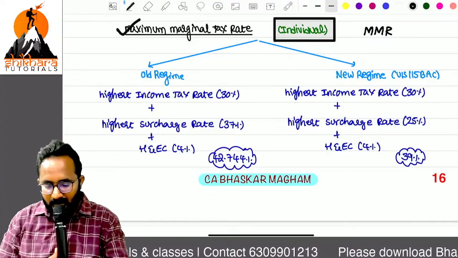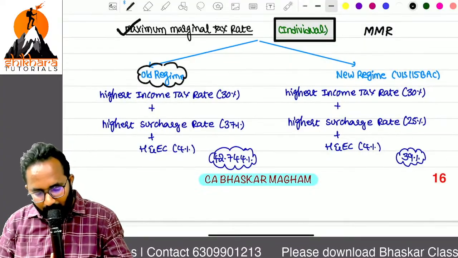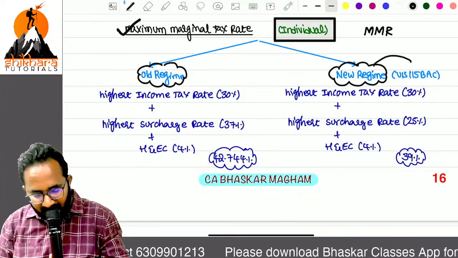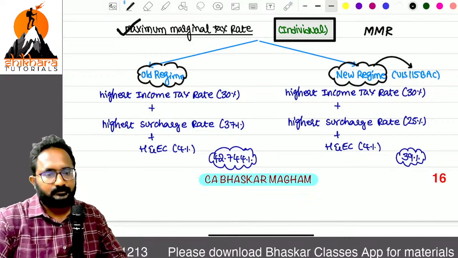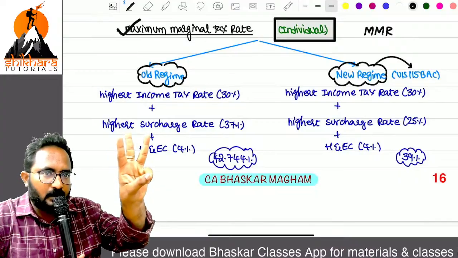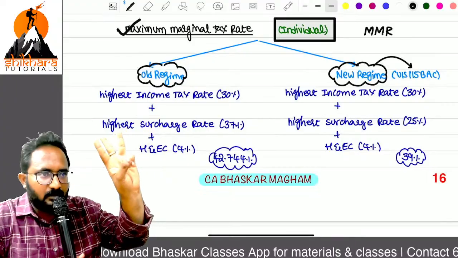Here the individual can follow the old regime, or the new regime. New regime means the default tax regime, that is 115BAC. Simple. Tax liability means how many components we have to add? 3: income tax, surcharge, health and education cess.